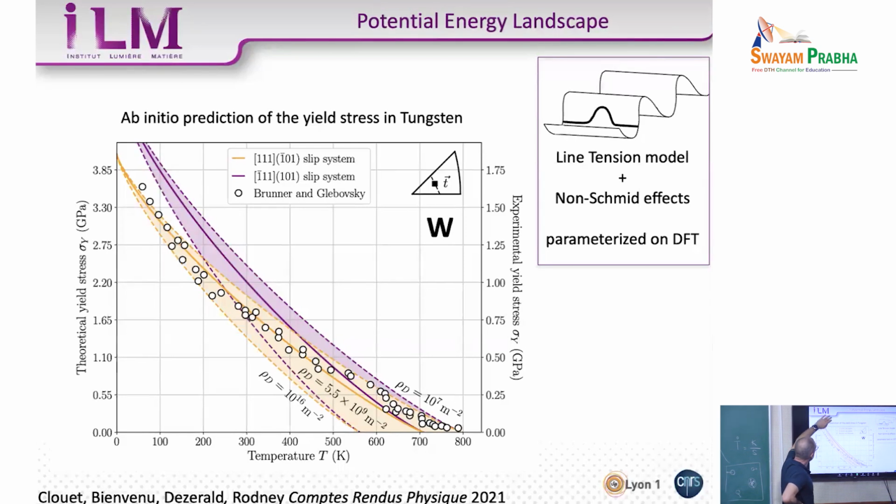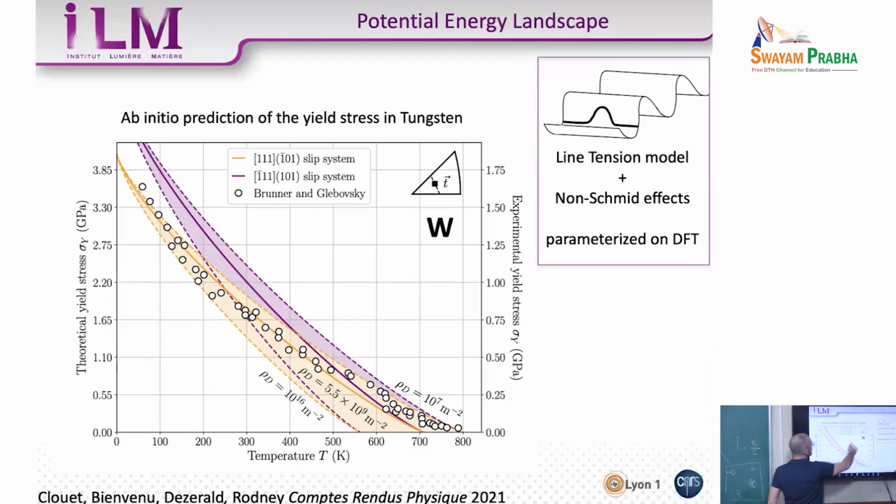So there was a question of which slip system will be activated, so we had experiments here where they reported tractions along a direction in the triangle which is here. So we had a lot of information about these experiments.